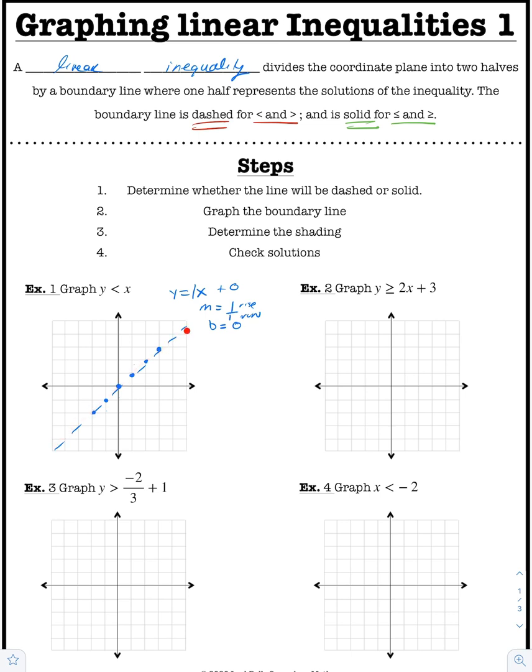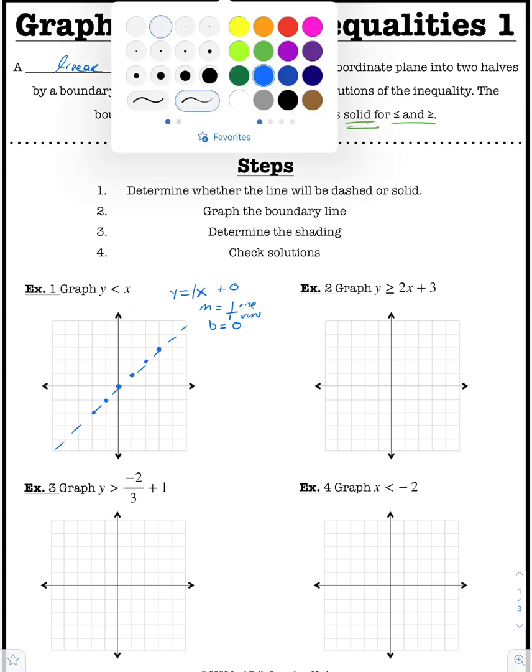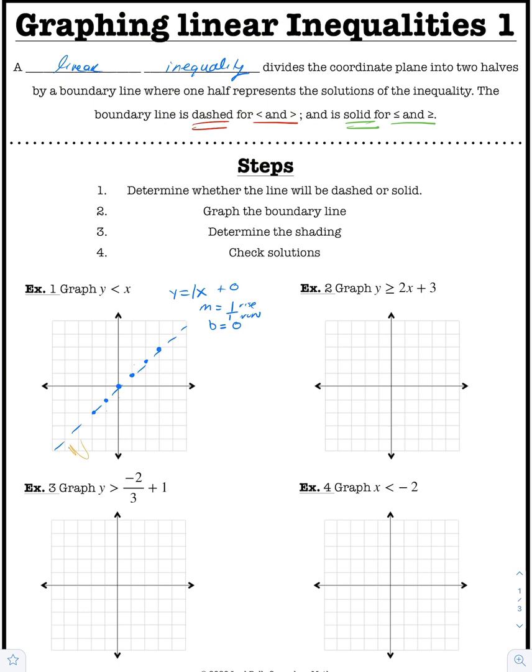If we're looking at the y values, these are positive, and it is above this line. These y values are negative, and it's below this line. Therefore, our y values less than x appear to be right down here. So we can do a little shading here. Any point in this section down here, as long as it's below the line, seems to fit this situation.